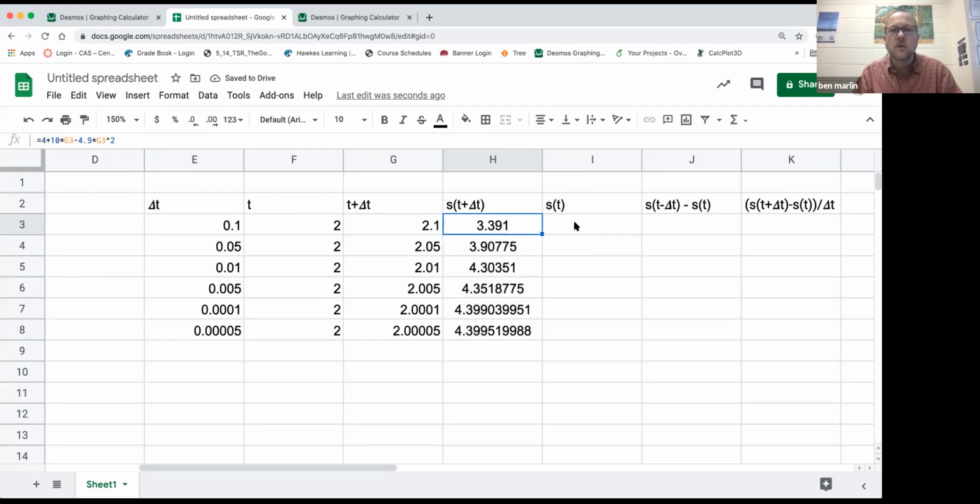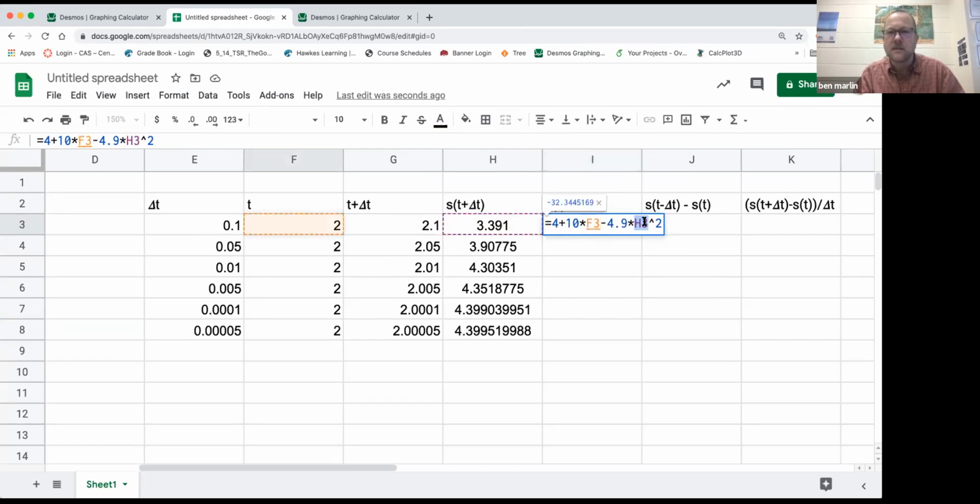But then we're also going to need S of t, and that's a little bit of a hassle. So I can paste in the same thing as before, but now if you look at the formula, it's using H3, which is actually my S of t plus delta t. But I can edit that and just delete that H3 and put the F3 in instead.